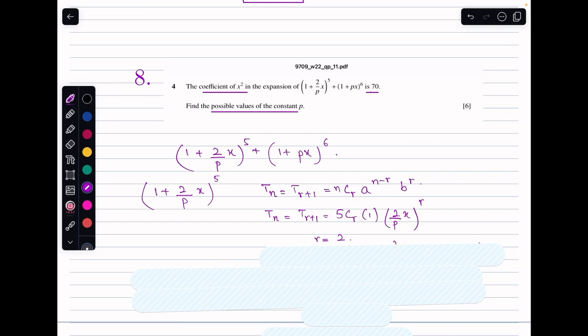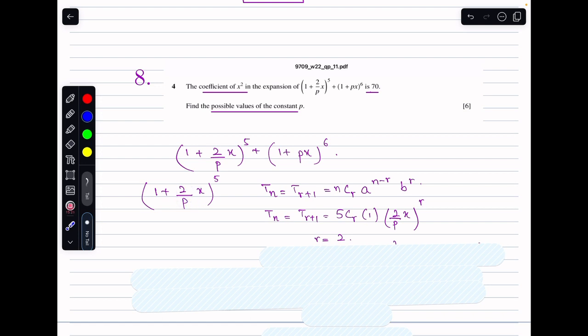Solving for (1 plus 2px) to the power 5, applying the term formula because I need the coefficient of x squared, Tr plus 1 equals nCr a to the power n minus r b to the power r. N here is 5, so it's 5Cr, a here is 1, and b here is 2px to the power r.